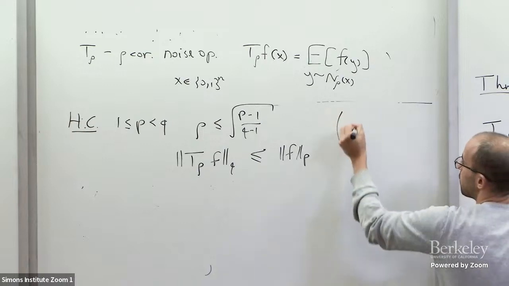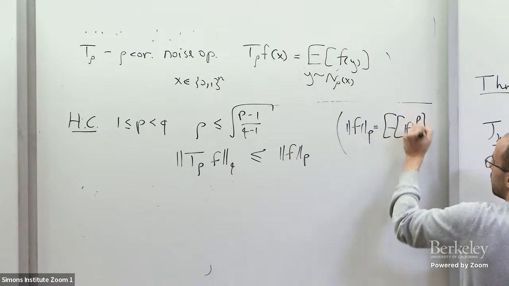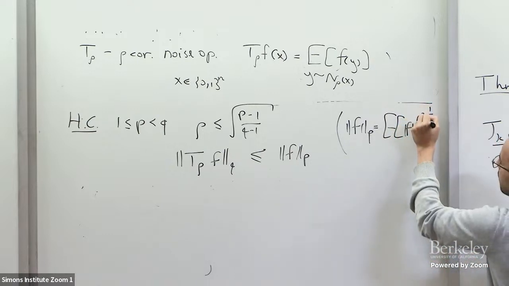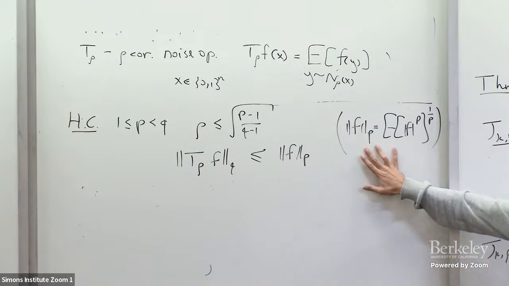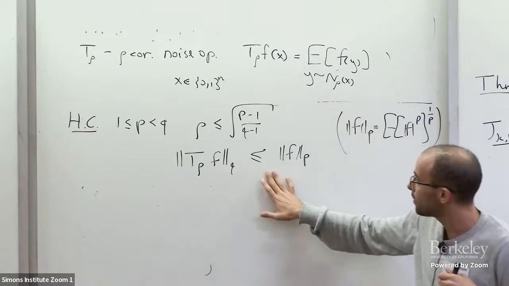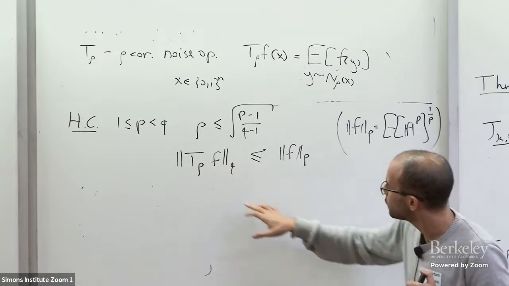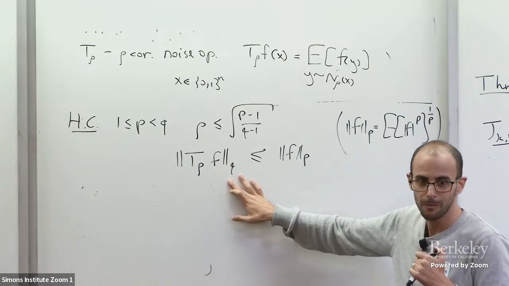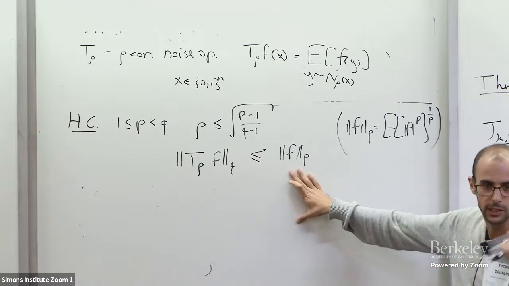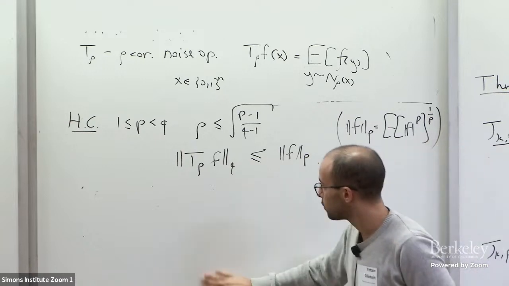Just so we recall, the p-th norm of a function f is the expectation of f in absolute value to the p, and then we take a p-th root. What's important about these norms is that they're monotone: if I take q larger and larger, the norm should increase, or at least it should be greater or equal to the p-th norm. But what this theorem is saying is that this noise operator shrinks f so much that even if I measure it in the q-th norm, which should make it bigger, it's still less than or equal to f in the original p-th norm. So this is the standard hypercontractive theorem.